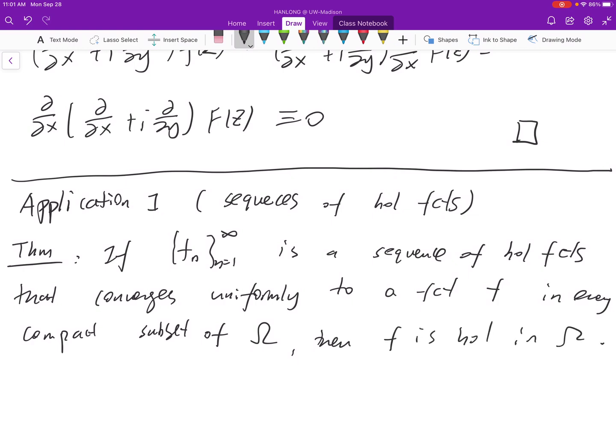Here omega is just an open set where f is defined.